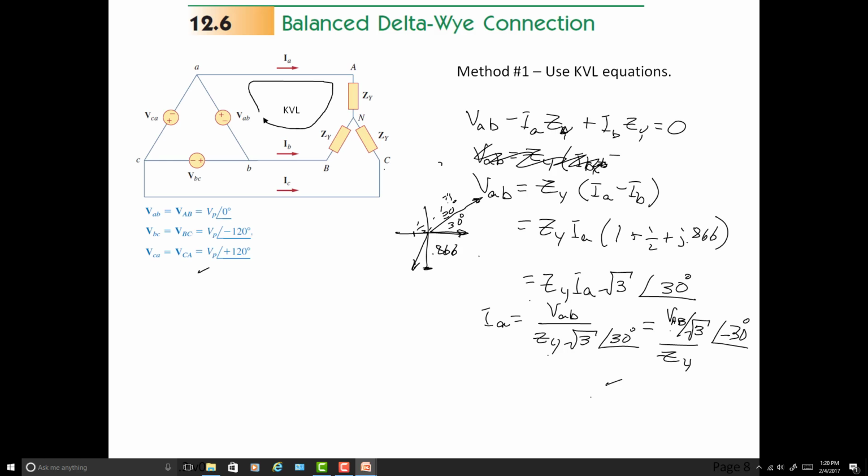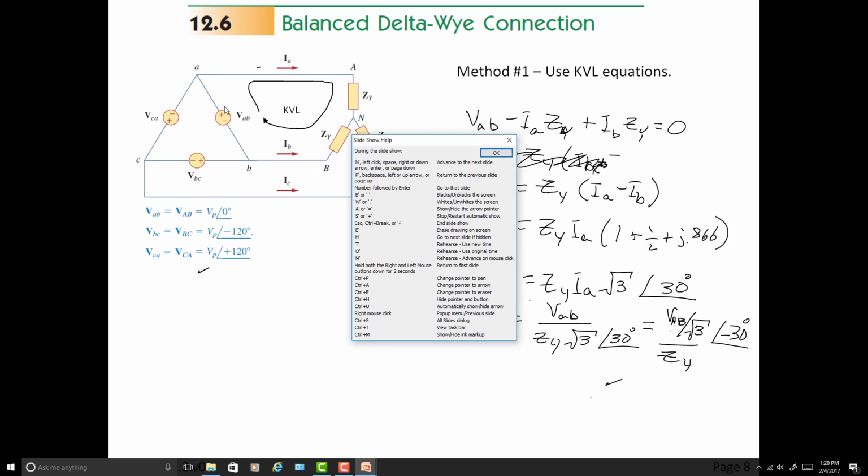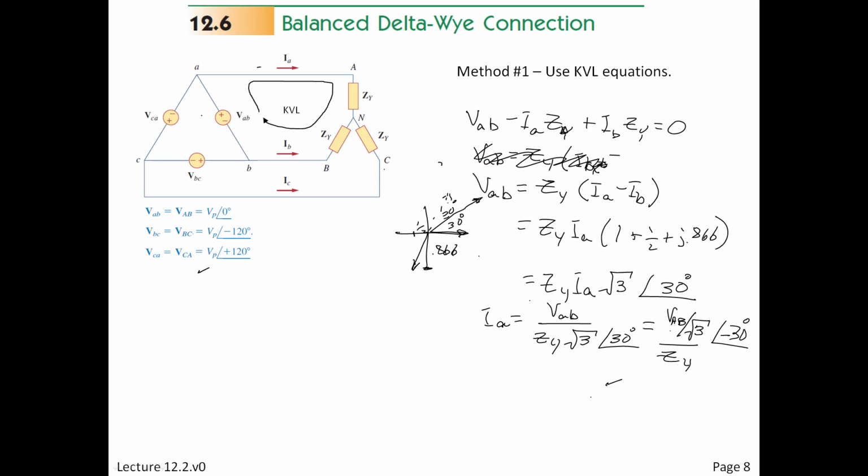All right. The second method might be to transform the source. Going back to the picture, we have here a delta source and the Y load. So if we made the delta source into a Y source, we would be back to a YY configuration that we've been to before.